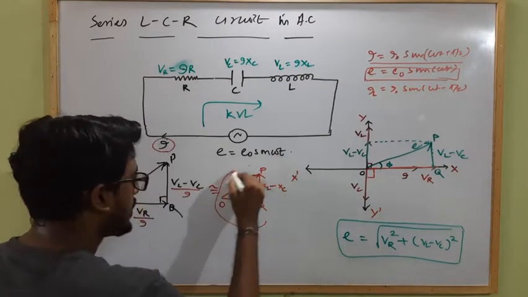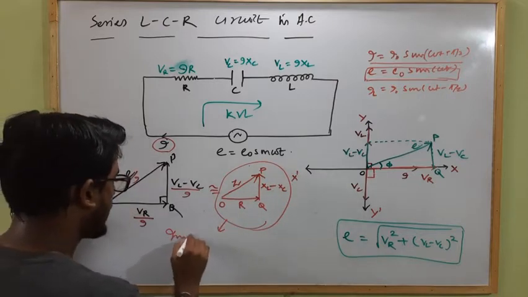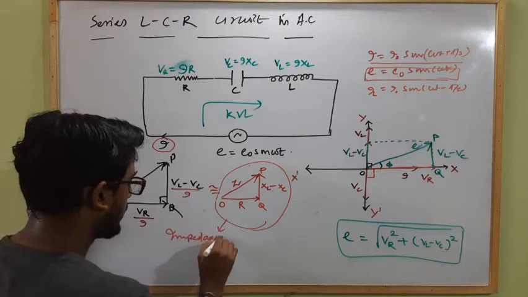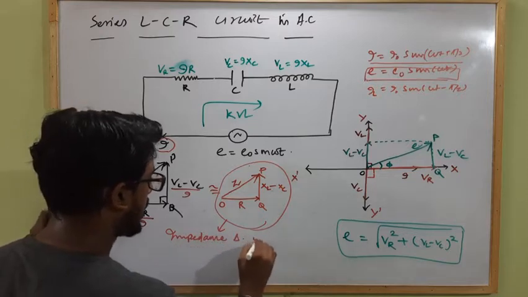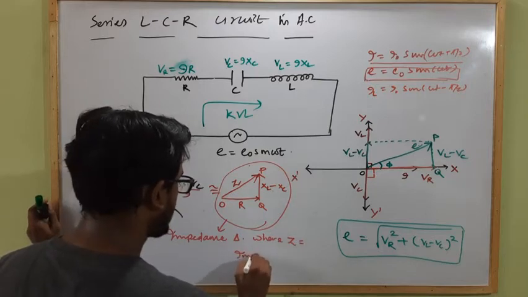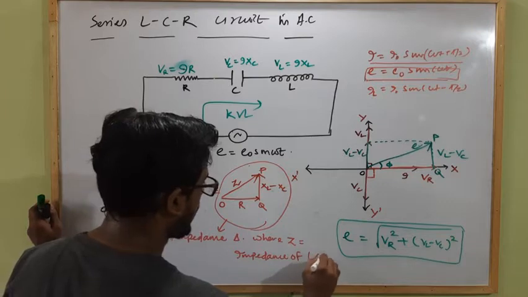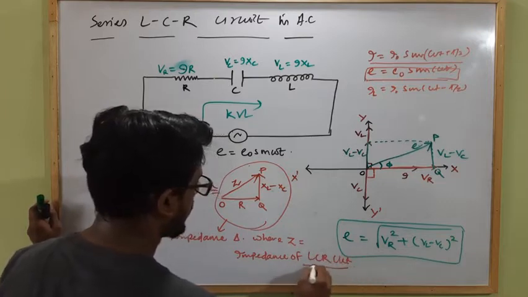This triangle is known as impedance triangle, where Z equals impedance of the LCR circuit. You have to remember this.